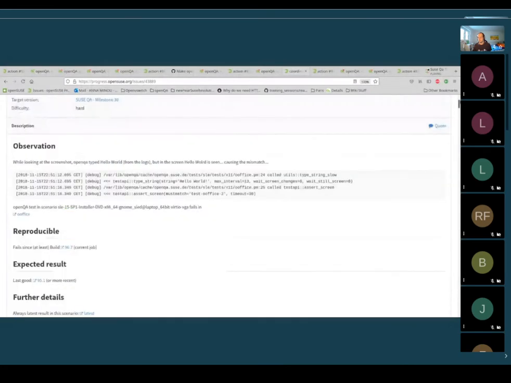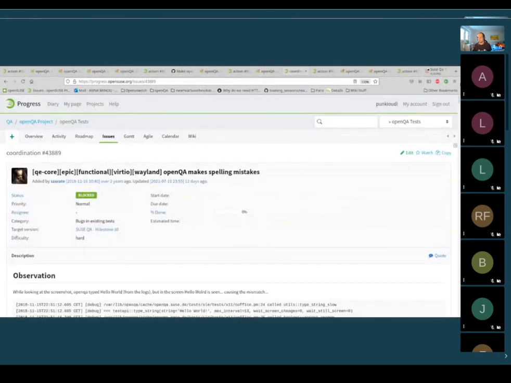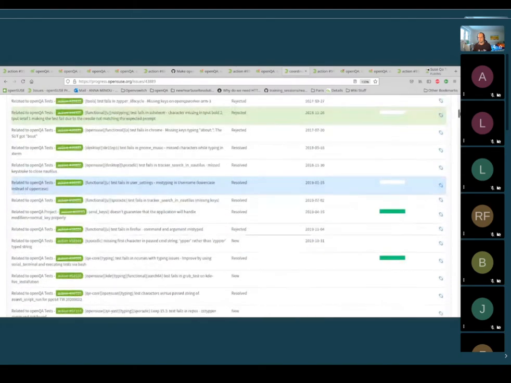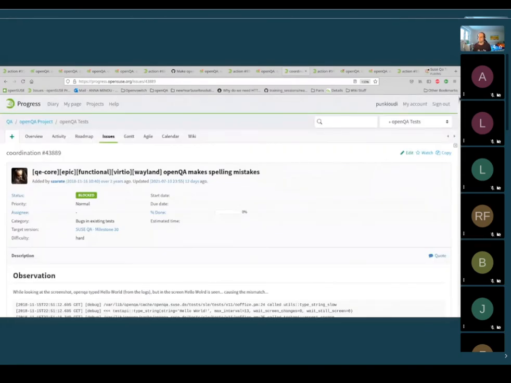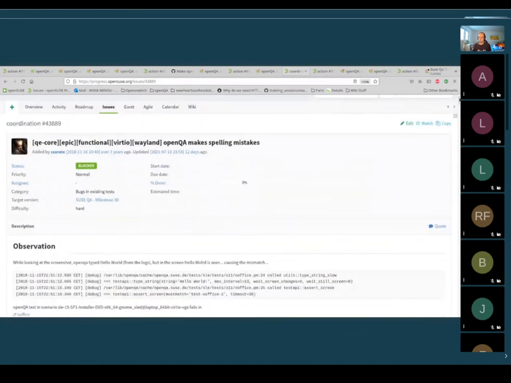What's this here? Okay. I think this is the last category that I have picked. For example, here, I saw that there are really a lot of tickets related. This progress ticket is an old issue. I have also seen it. It's about spelling mistakes. I think all of us have seen it.